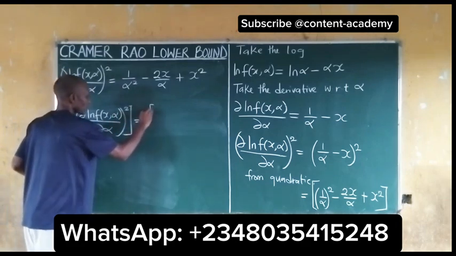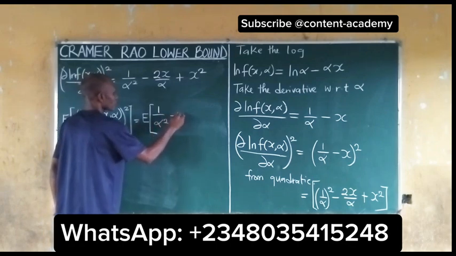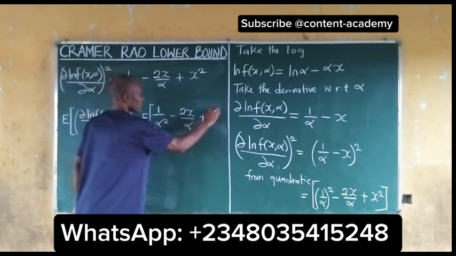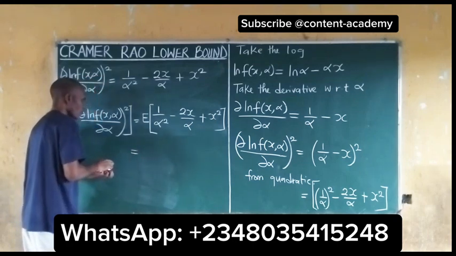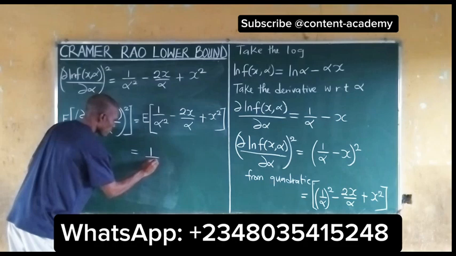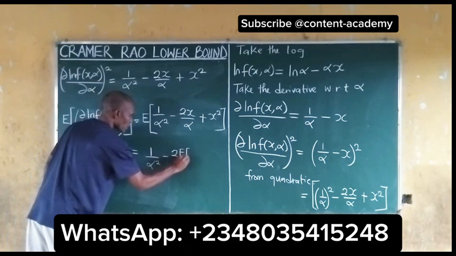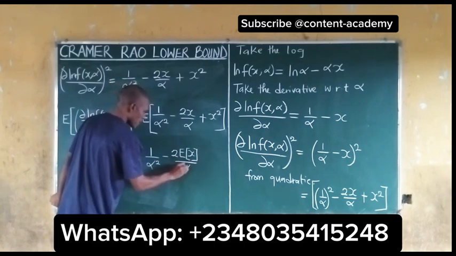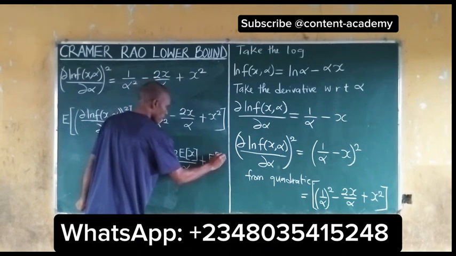So we take the expectation, which is 1 all over alpha squared minus 2x all over alpha plus x squared, which is the same thing as, now we take the expectation, 1 all over alpha squared minus 2 expectation of x all over alpha plus expectation of x squared.